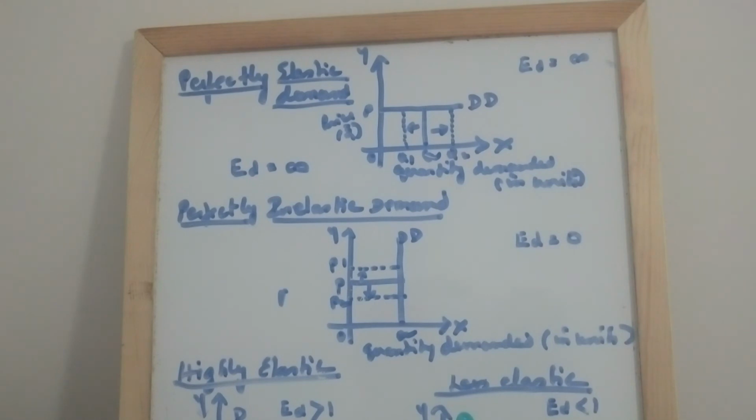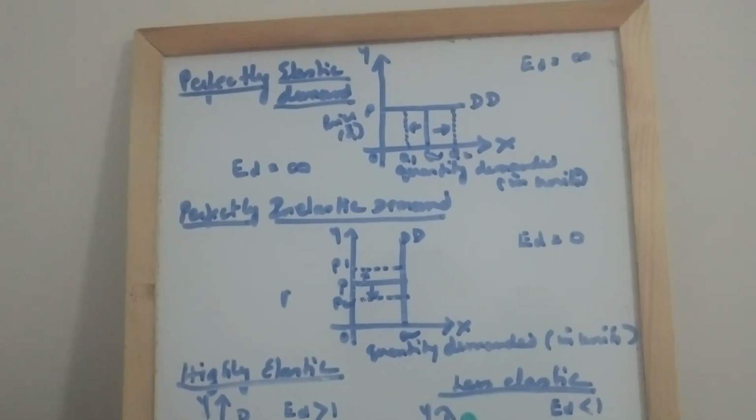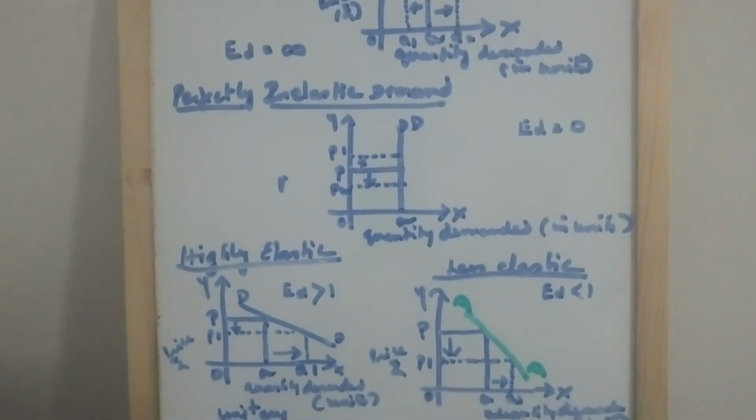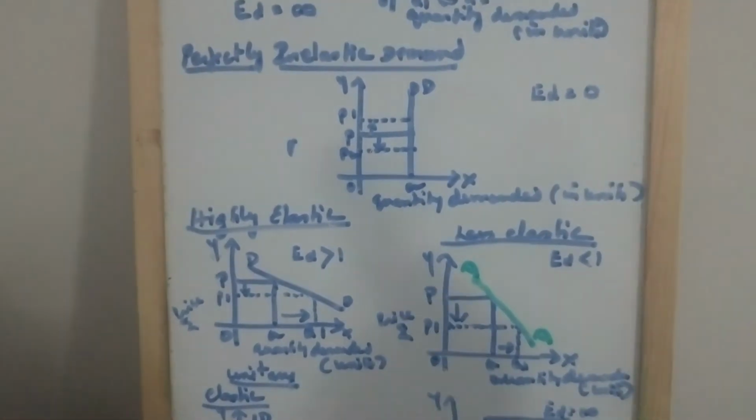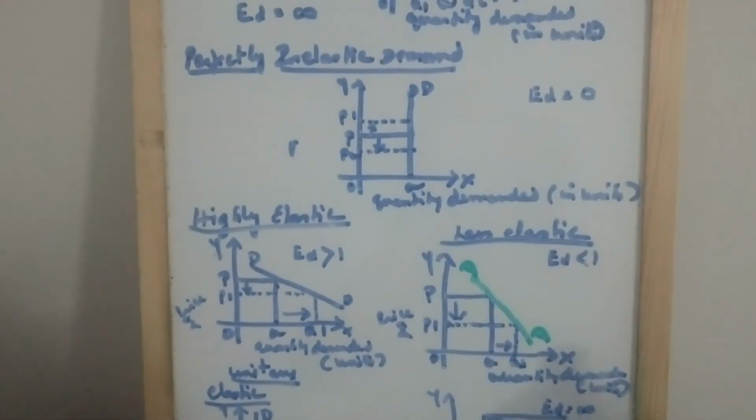Now the next one, unitary elastic. When the percentage change in the quantity demanded is equal to the percentage change in price, then demand for such a commodity is said to be unitary elastic. Let me repeat highly elastic and less elastic.